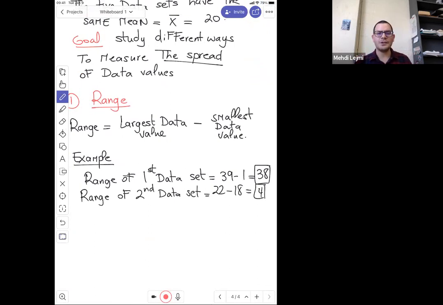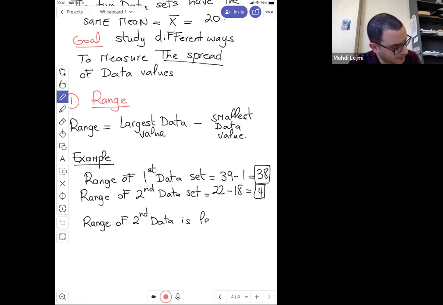Okay, so as you can see, the range of the second data set is smaller than the range of the first. So in some sense, the second data set is more constant, right? And your first data set is more dispersed, right? The range of the second data set is less.